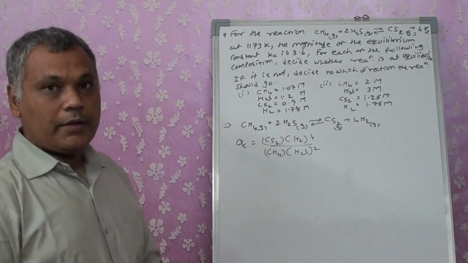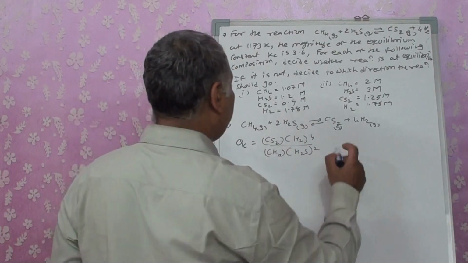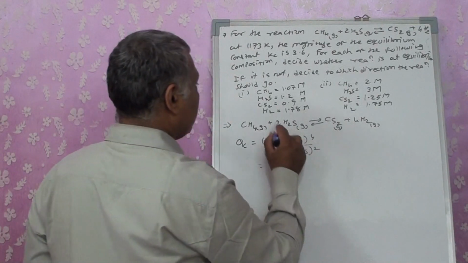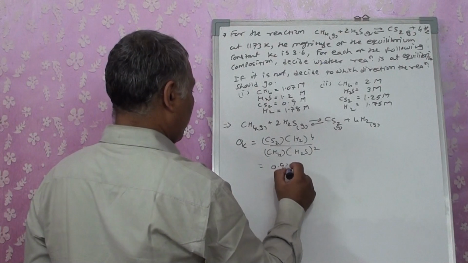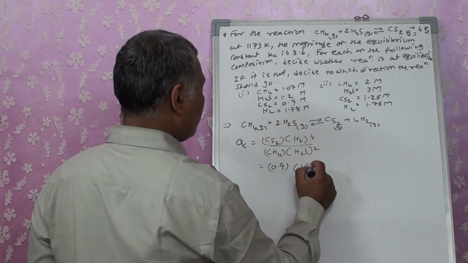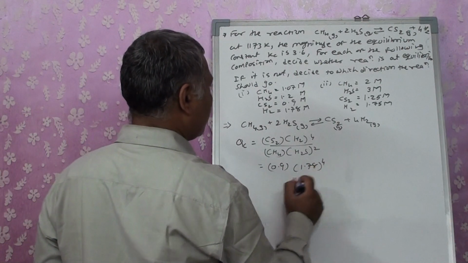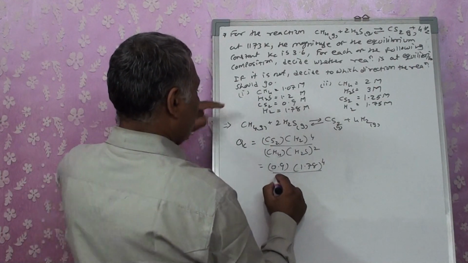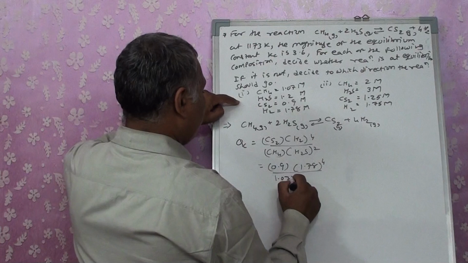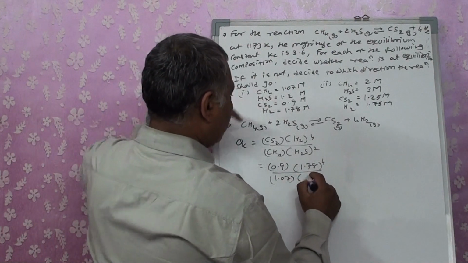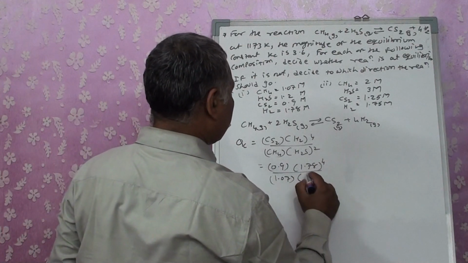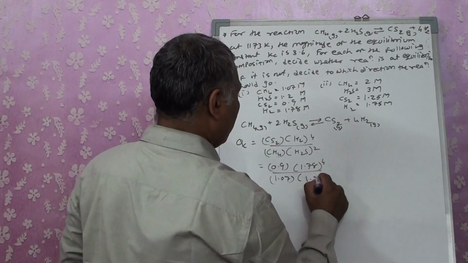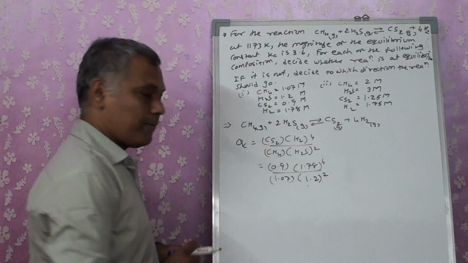Now we substitute the values: CS2 0.9, H2 1.78 raised to 4, CH4 is given to us as 1.07, and H2S as 1.2 whole square.